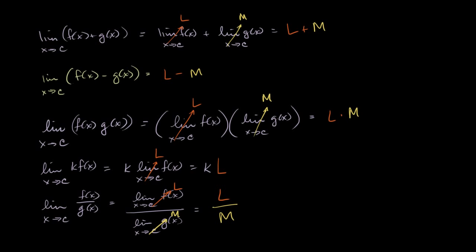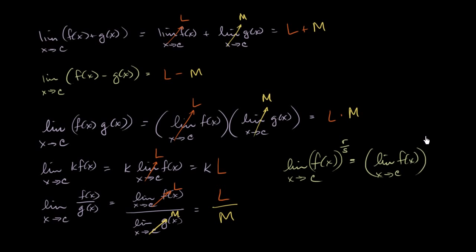Finally, we'll look at the exponent property. So if I have the limit of, let me write it this way, f of x to some power, and actually let me even write it as a fractional power, to the r over s power, where both r and s are integers, then the limit of f of x to the r over s power as x approaches c is going to be the exact same thing as the limit of f of x as x approaches c raised to the r over s power.